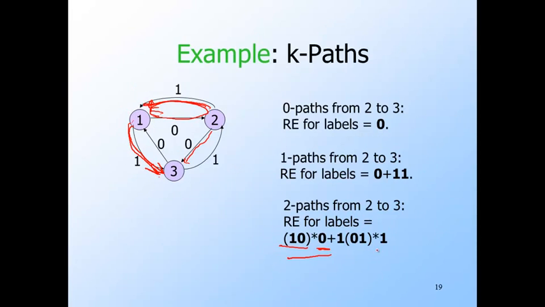And so 1 followed by (0 1 0 1)* followed by another 1 describes all those paths that start in 2, go from 1 to 2 several times, wind up in 1, and then go to 3. Okay. The regular expression for the labels of all 2 paths from state 2 to state 3 is the union of these 2 expressions that we have just described.